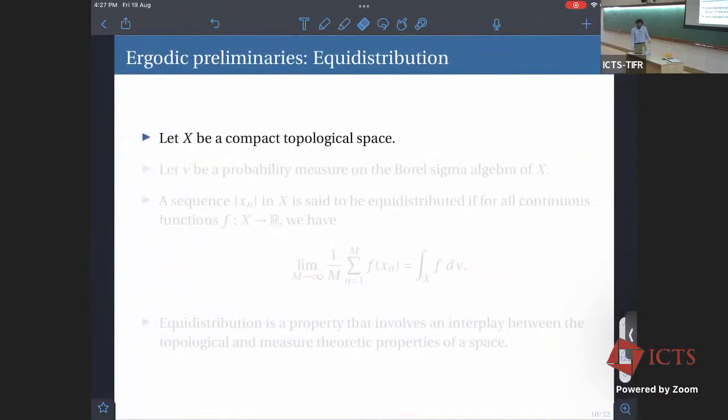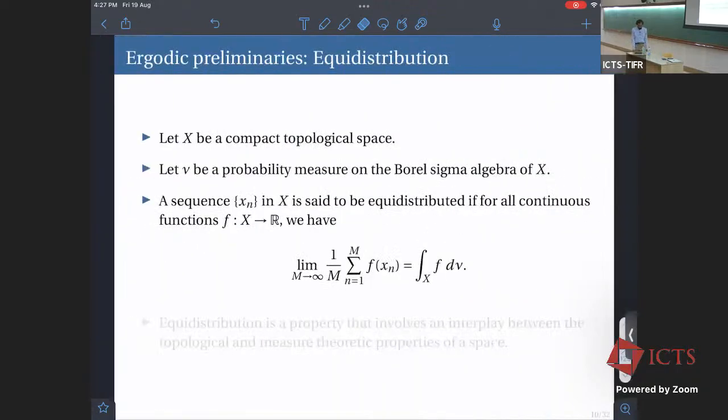Okay. So maybe to review some ergodic preliminaries. Again, I'm always going to assume a lot of things. If you have a compact space, you can look at the Borel sigma algebra, and suppose you have a probability measure on the Borel sigma algebra. The Borel sigma algebra is just the sigma algebra generated by all the open sets.